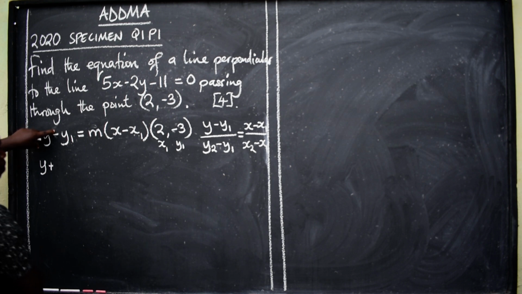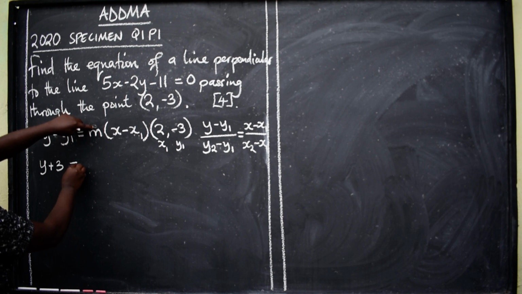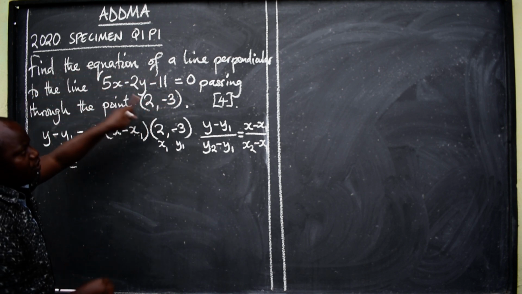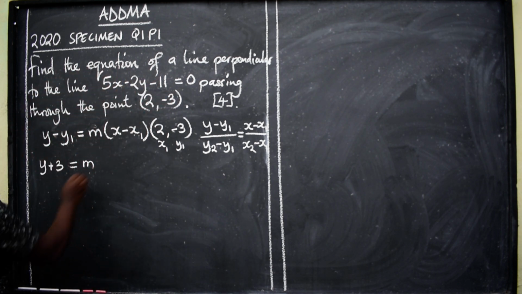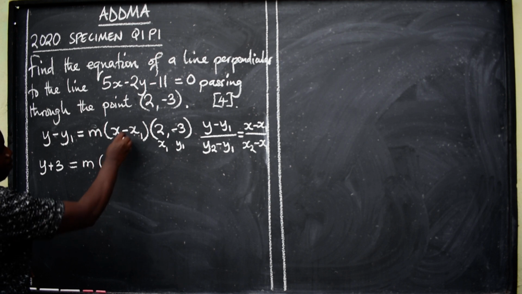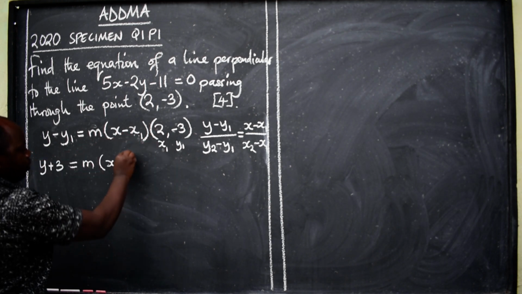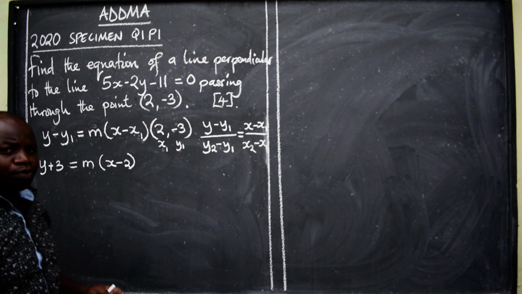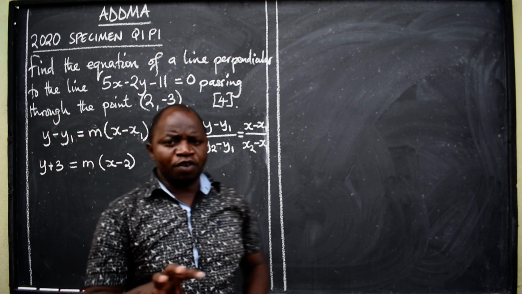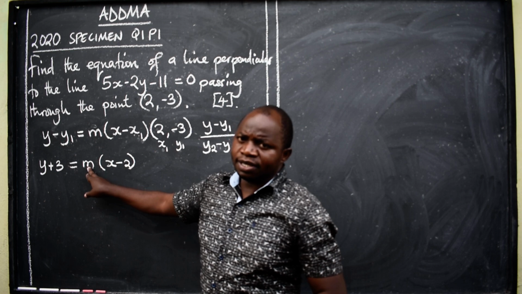So it will be y + 3 is equal to, have we been given gradient? No. So m will remain, then x minus my x1, which is 2. Substitute to there.